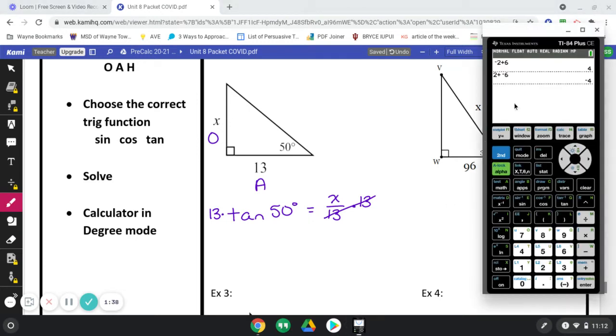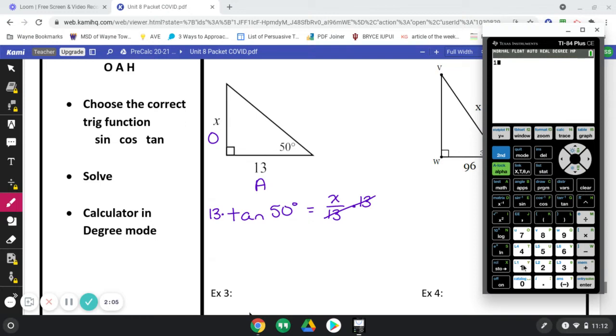Whatever calculator you're using, the first step is to make sure that we are in degree mode. So go to mode, scroll down to where it says radians degrees, scroll over to highlight degree, hit enter. If you're using the Chromebook, you'll notice that all the way at the top it says we're in degree mode.